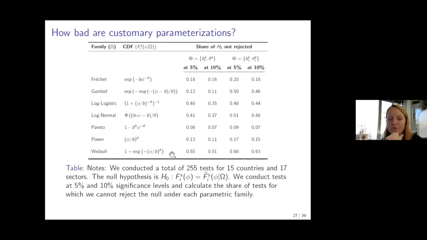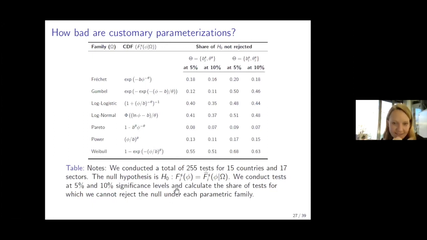Most importantly, there is no easy parameterization that captures a large share of these distributions. We tried many different, customary or not so customary, parameterizations. It turns out that none of the distributions you might think of is a fit for a large share of them. There is not one parametric family well suited to capture all the variation we observe in this true heterogeneity of firms.